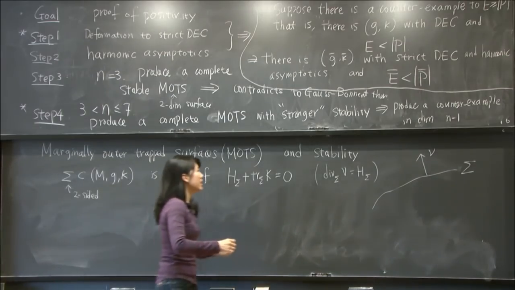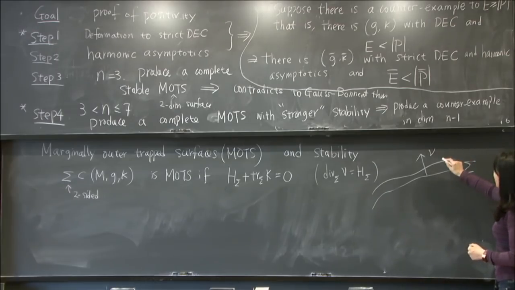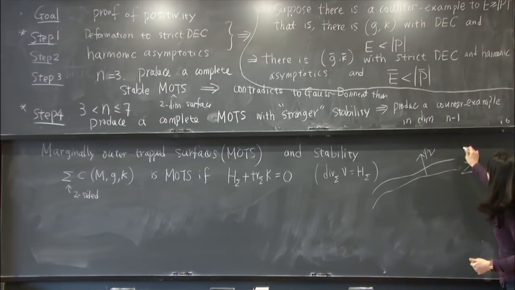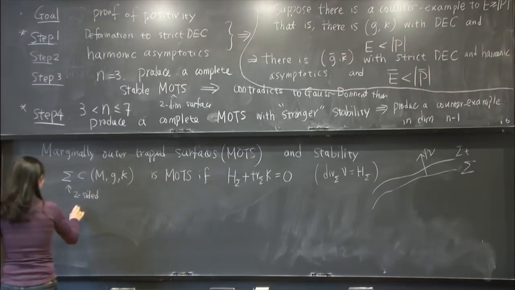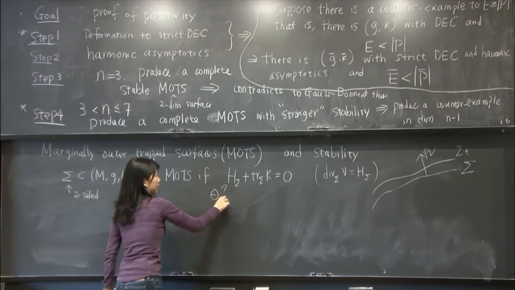So how do we differentiate? We consider a family of surfaces deformed from the normal direction, just for simplicity. And then we have a family of surfaces called sigma t. We can look at this quantity, and we will use the shorthand notation theta.